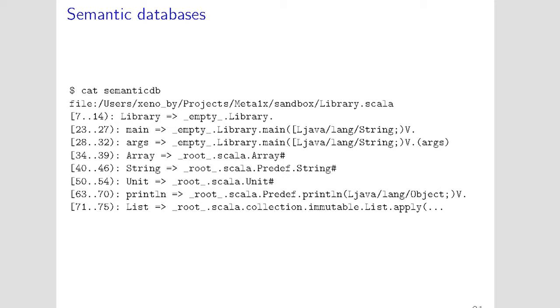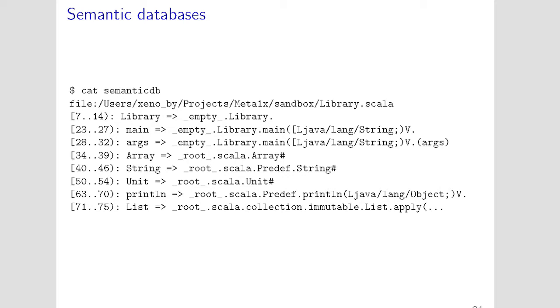The fully qualified name says _root_.scala.Array, which effectively means that Array is declared in the scala package. There's a little bit more detail, for instance, the args reference. It's actually a fully qualified name that goes through the method. So we can see that args belongs to a method called main with the signature.